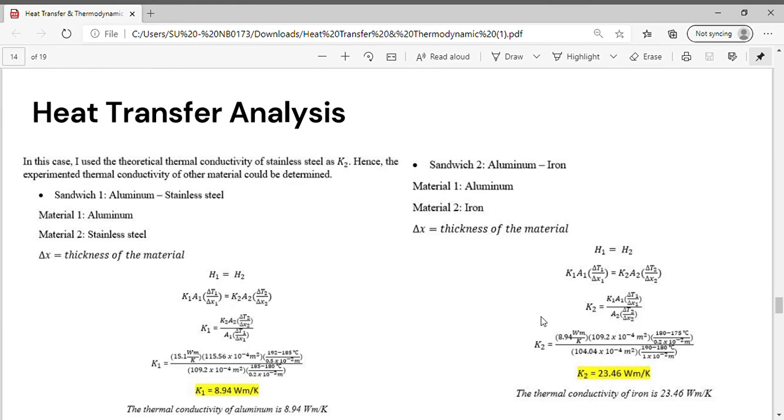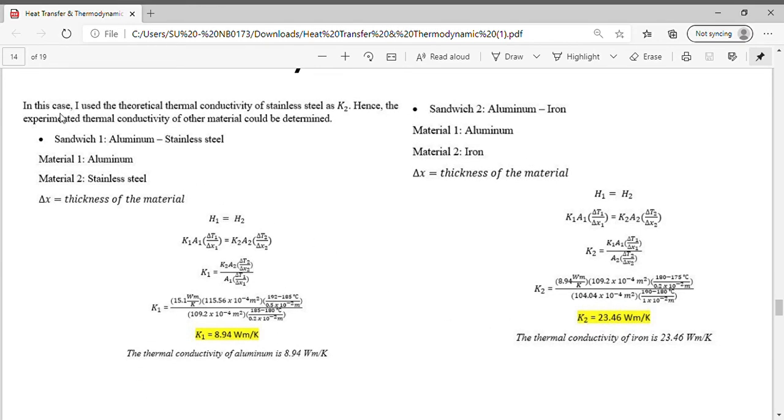These are the calculations that I have done using the equation shown in the introduction. In this case, I use the theoretical thermal conductivity of stainless steel as K2 because we need the reference to determine the thermal conductivity of aluminum. And as you can see, here is the calculation.